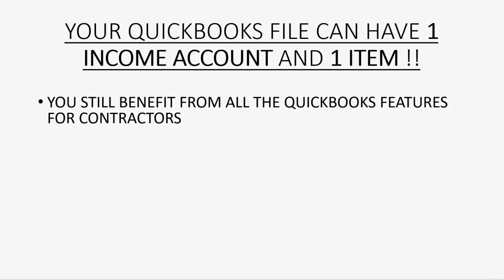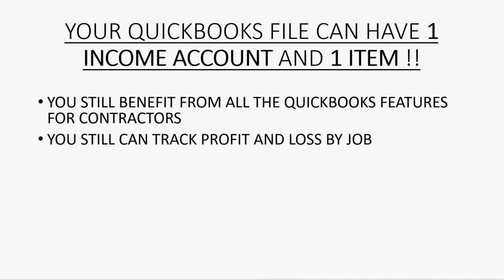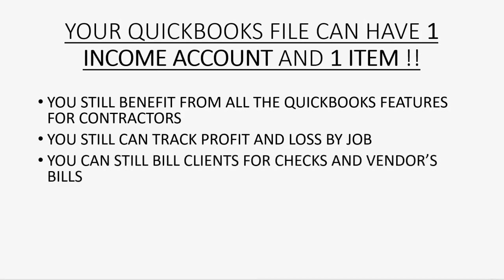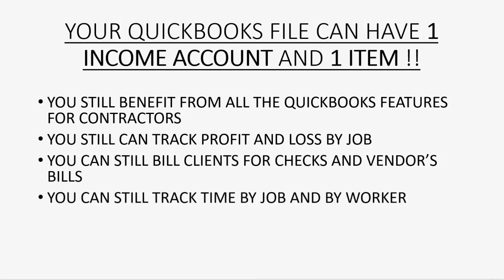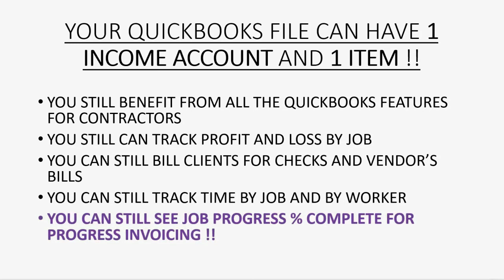You can still benefit from all of the QuickBooks features for contractors. You can still track profit and loss by job if you have only one item and one income account. You can still bill clients for checks and vendors' bills. You can still track time by job and by worker. And you can still see the job progress percent complete for your progress invoicing.